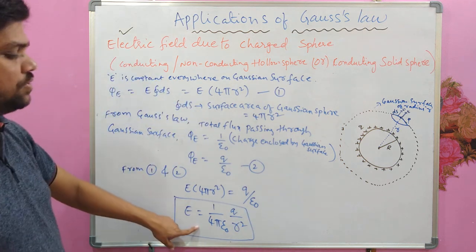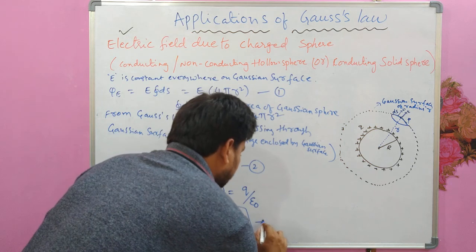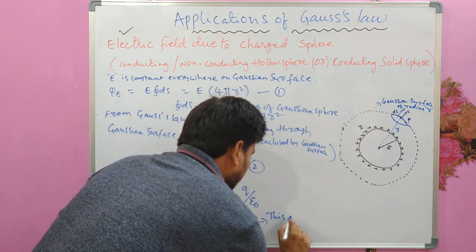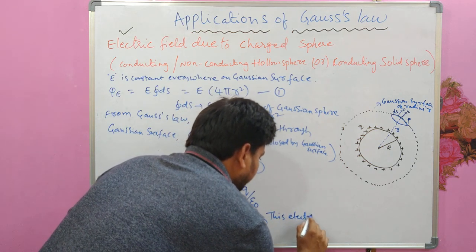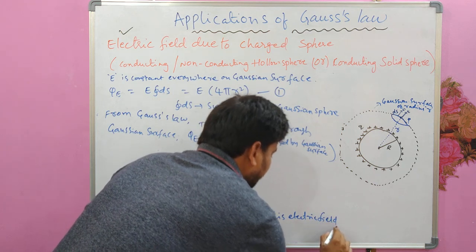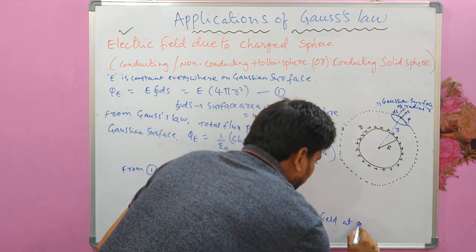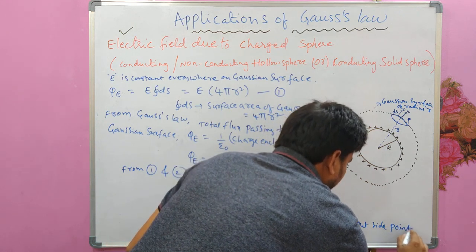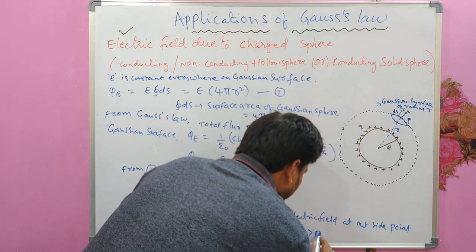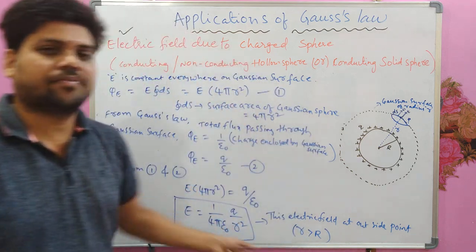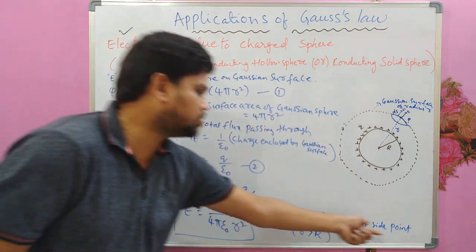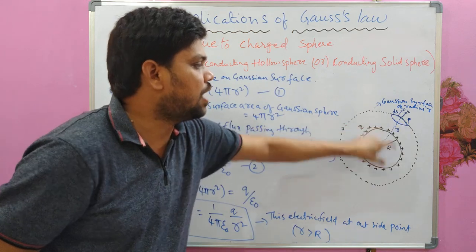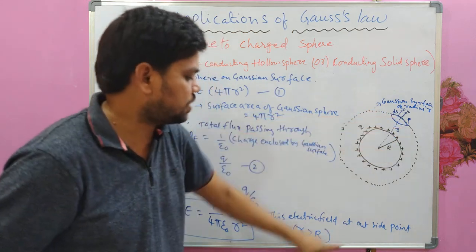This is the electric field at an outside point, r greater than R. Here r is greater than R, capital R.